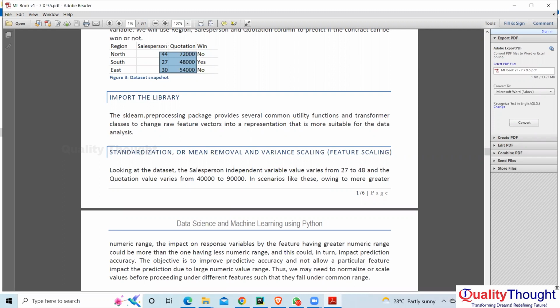Now, this is good when data is normal like this. But let's say there is one outlier, 100 years, and everybody else is mostly in the 20s to 40s. What will happen? 100 will become 1 and most of the others will be closer to 0, like 0.1, 0.01, 0.001.